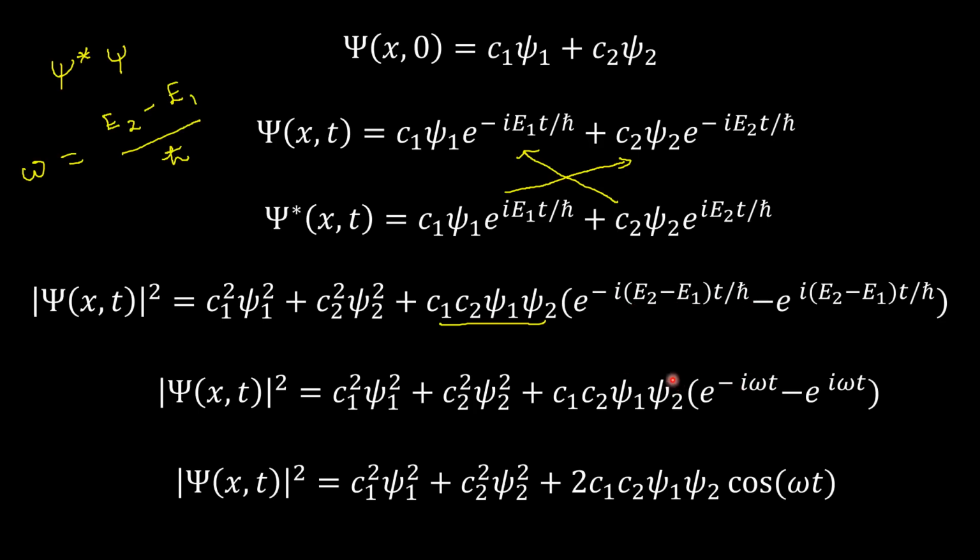So the first term will become e^(-iωt), then the next term e^(+iωt).